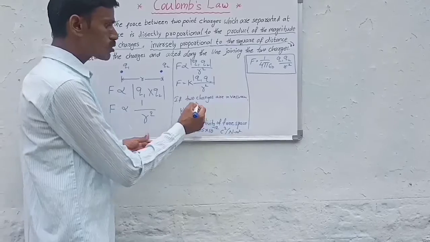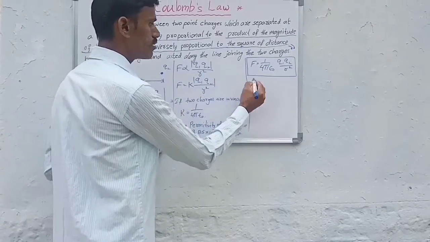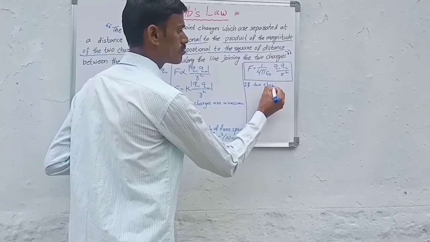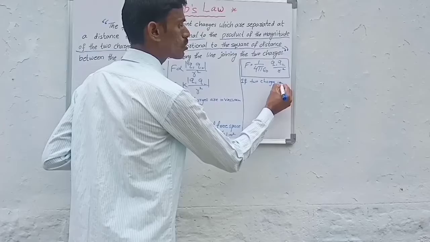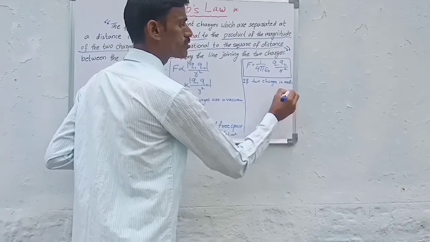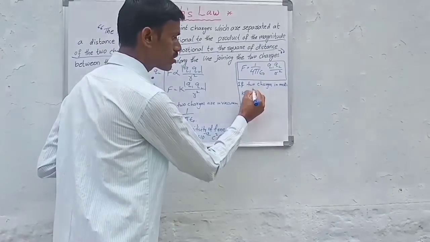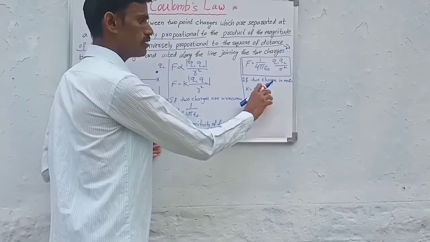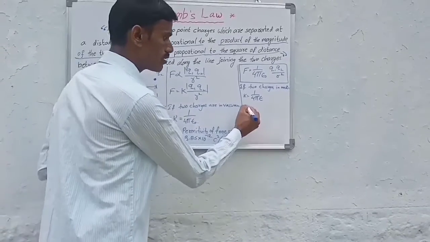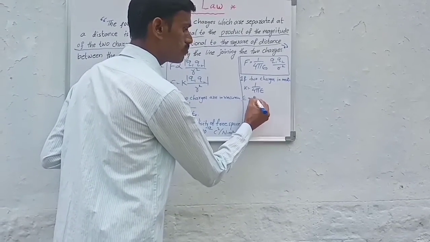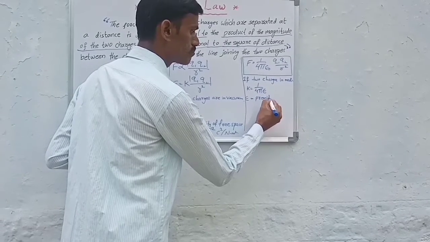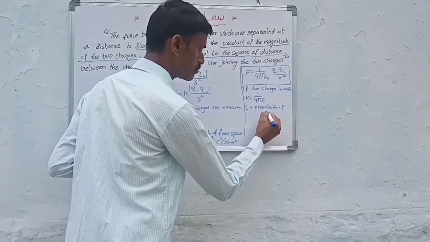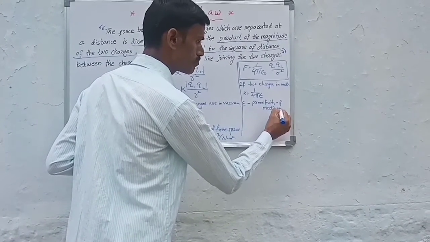Now if the two charges are kept in a medium, then the value of K is 1 by 4 pi epsilon, where epsilon is the permittivity of the medium.